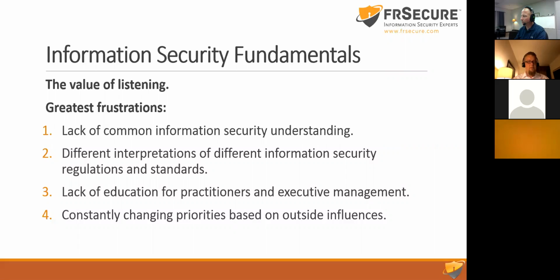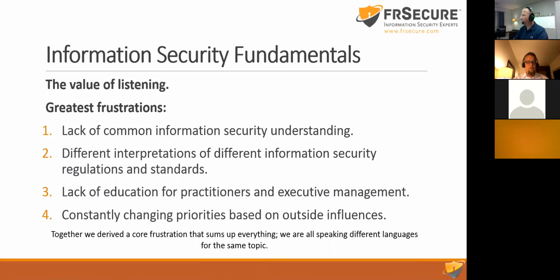Sometimes it comes in the form of big company vendor risk management personnel. So if you're a smaller company doing business with a big company, they want to know what your security program looks like so that they can measure the risk in doing business with you. That's going to bring a different set of priorities for you. That's frustrating for our customers. And I assume that these are frustrations that are shared with most organizations.